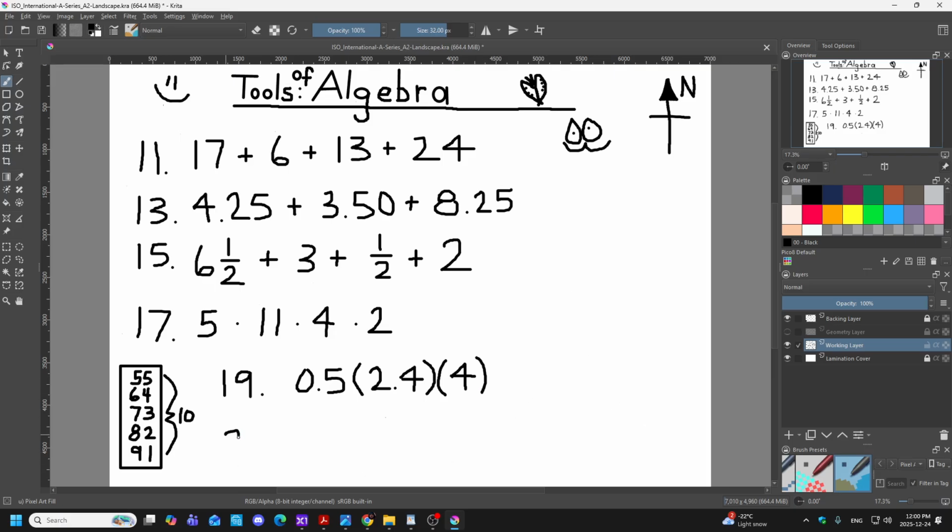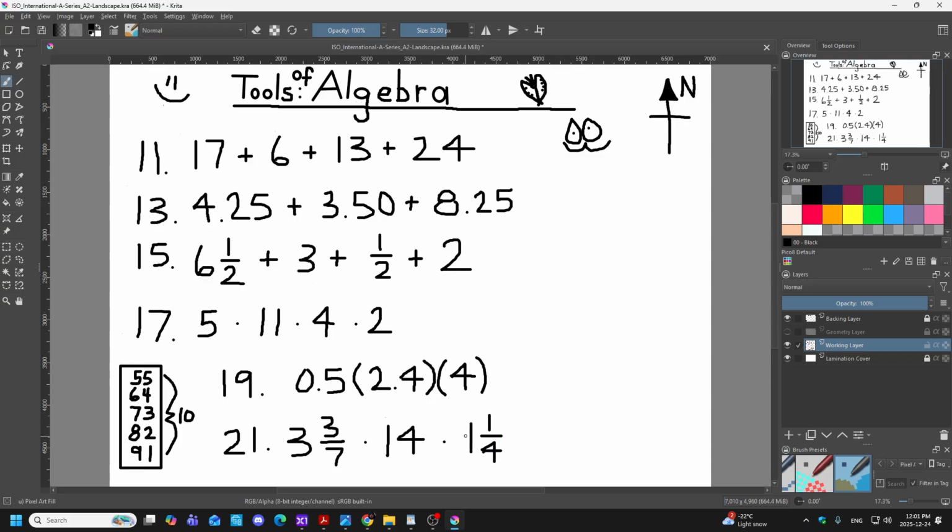And 21. Fraction types. If you choose to work this out in fraction form, obviously we have fractions, but you have to convert or transition them to improper.